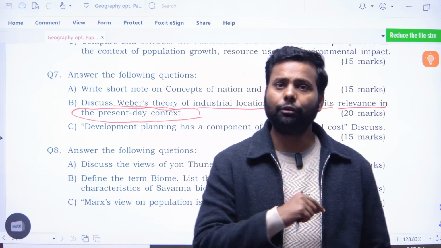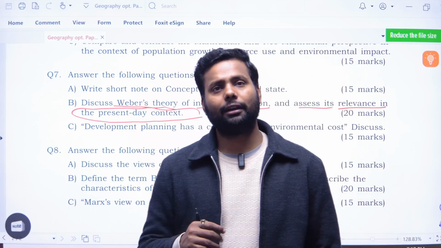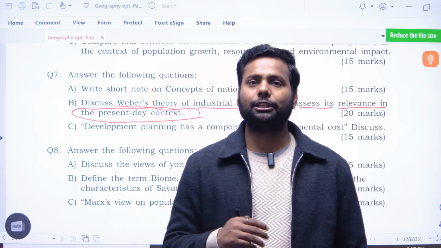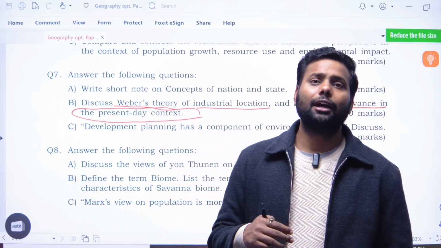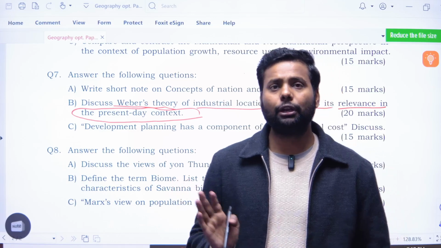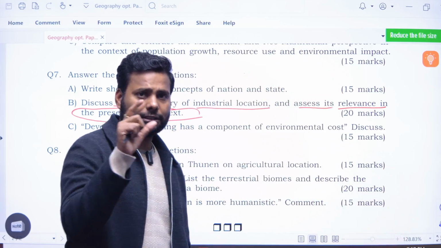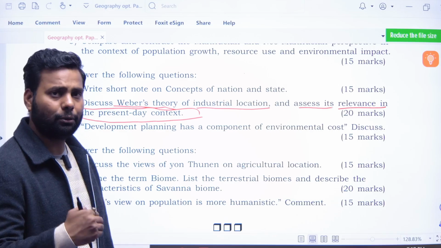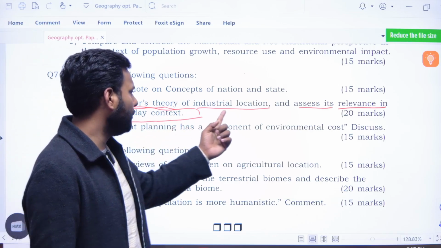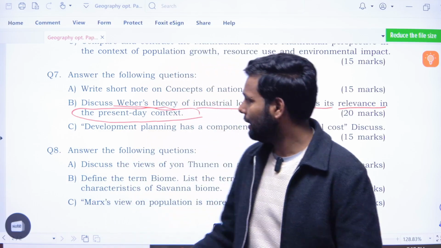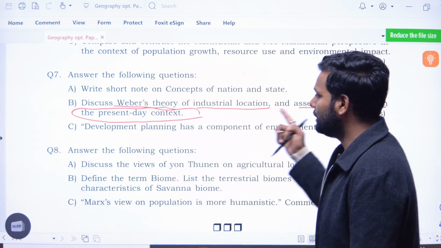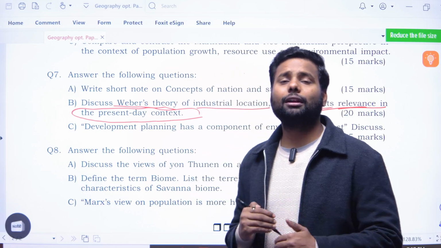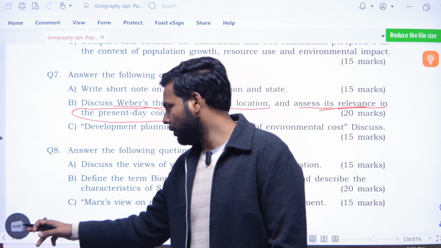Water, transportation, soil and climate are ubiquitous, found everywhere. So you have to remind all these things, put forward Weber's theory of industrial location, and after that assess its relevancy in the present day context. What is the relevancy in the present day context?